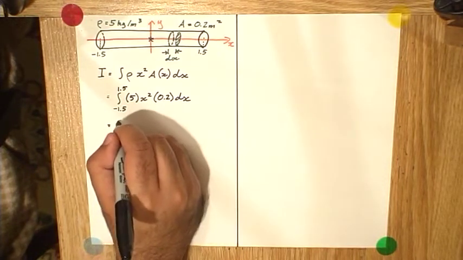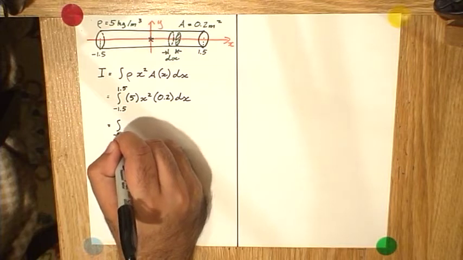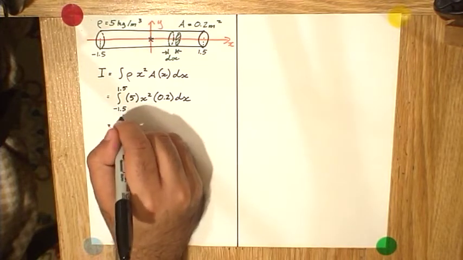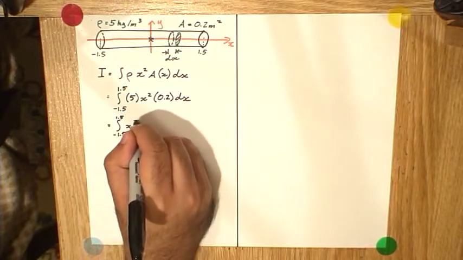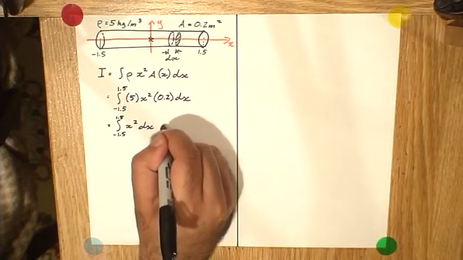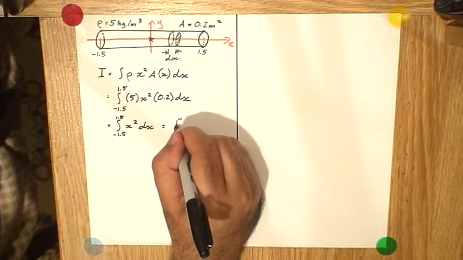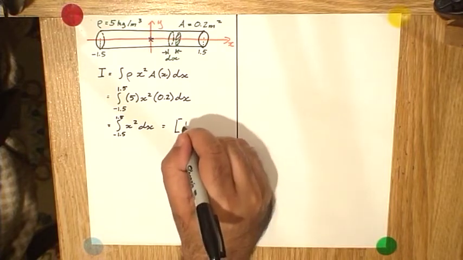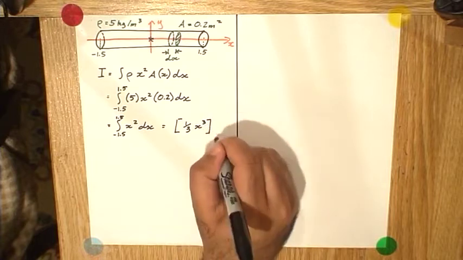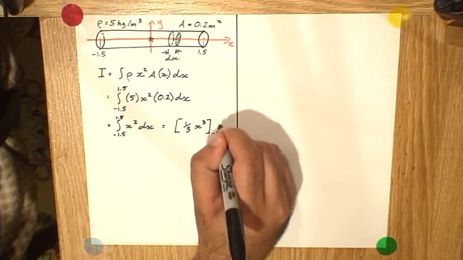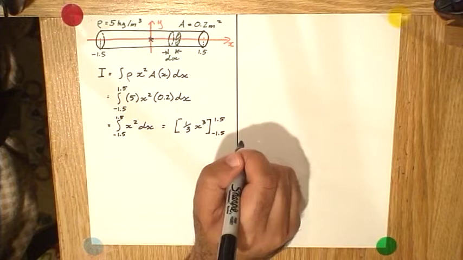So this whole integral simplifies down to the integral from negative 1.5 to 1.5 of x squared dx. And the integral of that is 1/3 x cubed. And that has to be evaluated from negative 1.5 to positive 1.5.